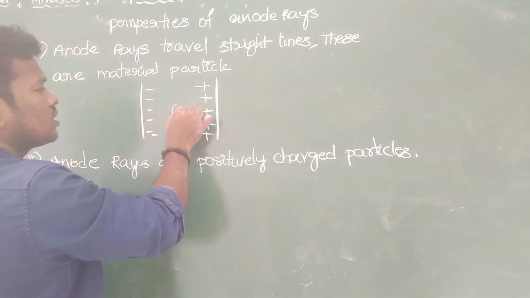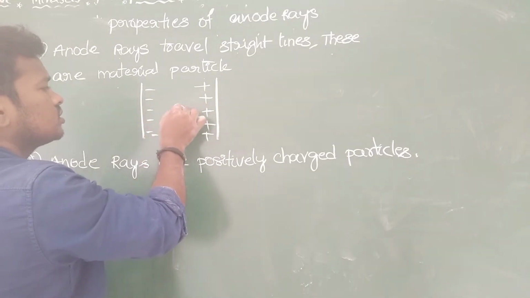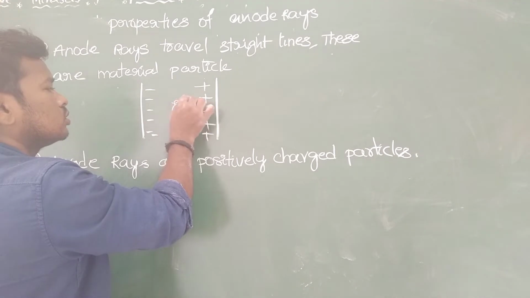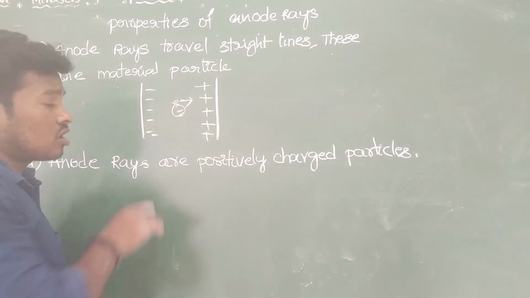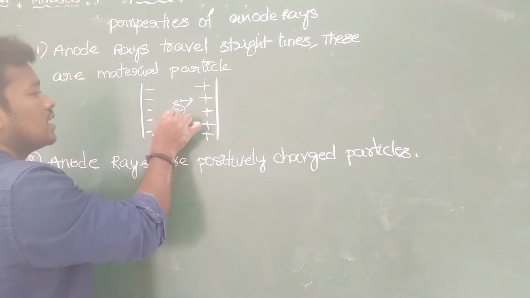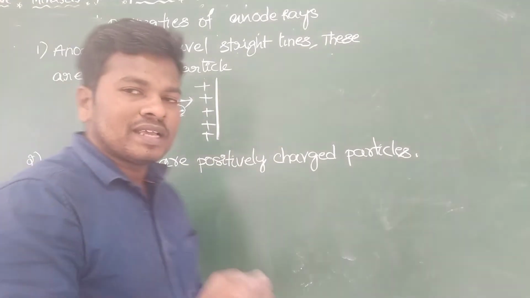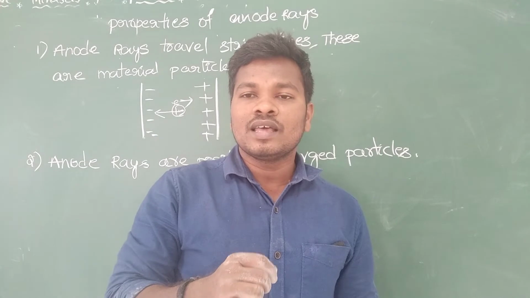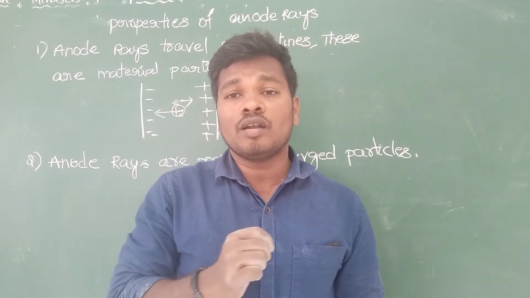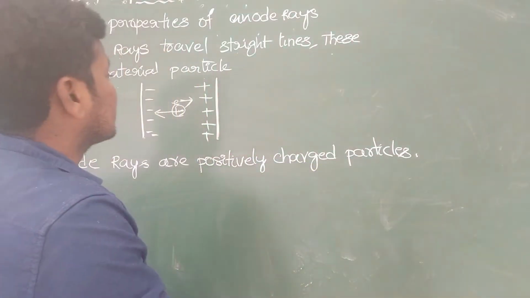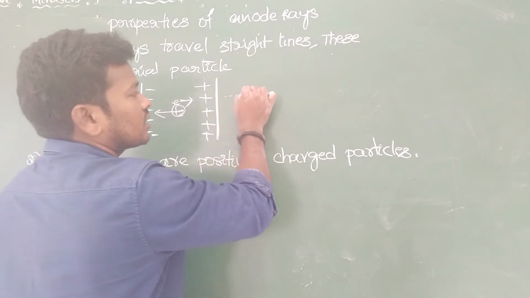So here the gas molecule is ionized. Electrons, due to electrostatic force of attraction, start moving towards the positive electrode, and the hydrogen nucleus moves towards the cathode. If you place any material in the path of the canal rays or anode rays, they cast a shadow.